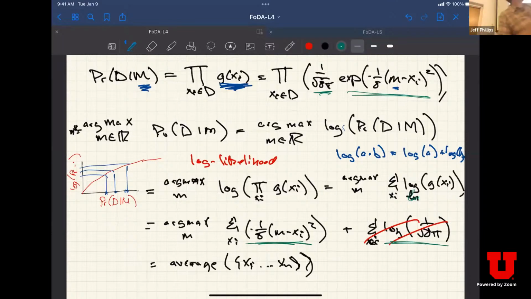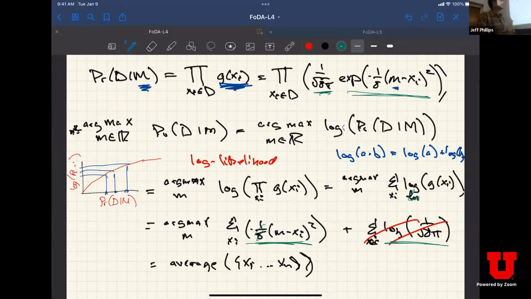And the second term does not depend on m, the choice of the model. So that one also doesn't matter in the max. For any model I choose, it has the same value. Same with this 1/8 in front here. That's a constant factor in front. It doesn't matter what I chose here.